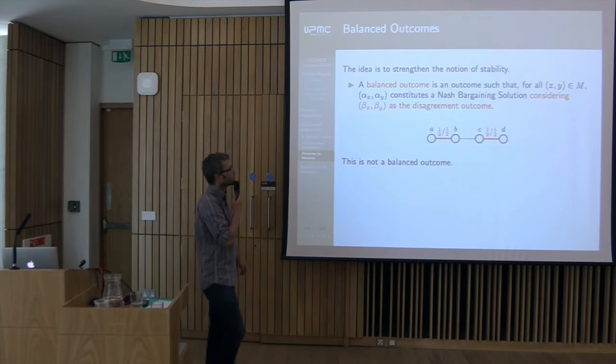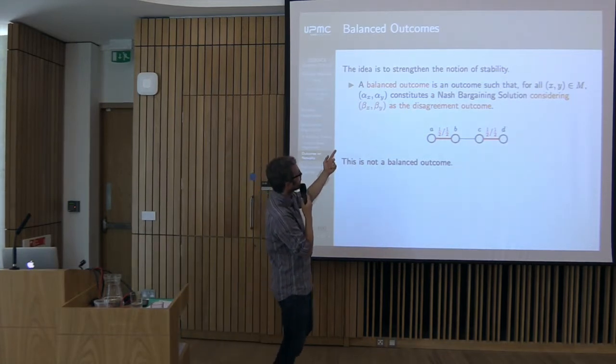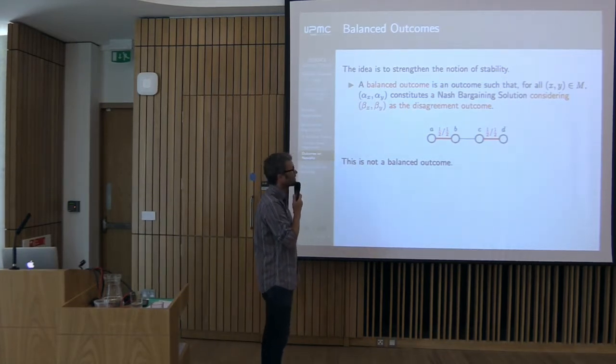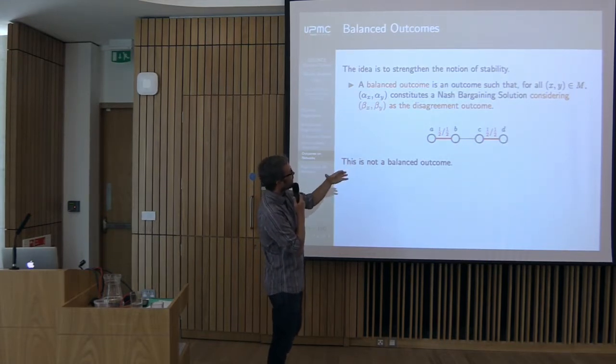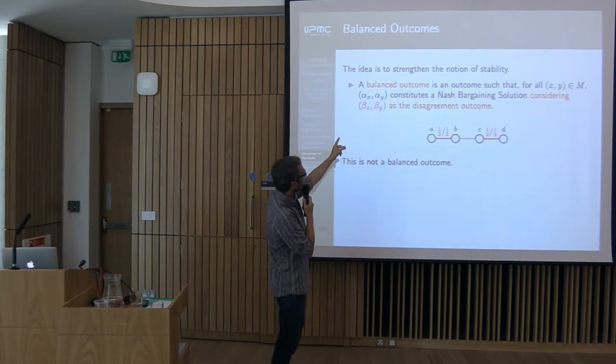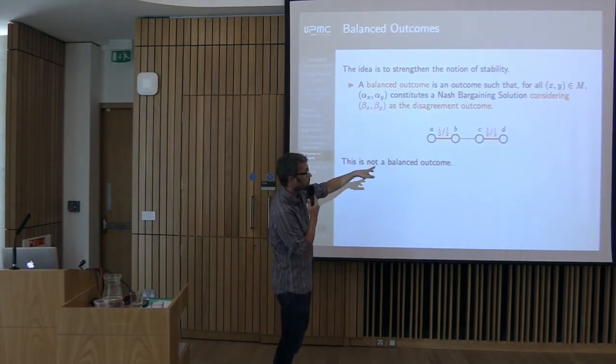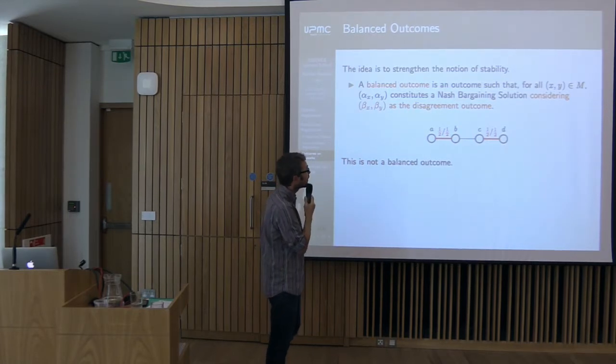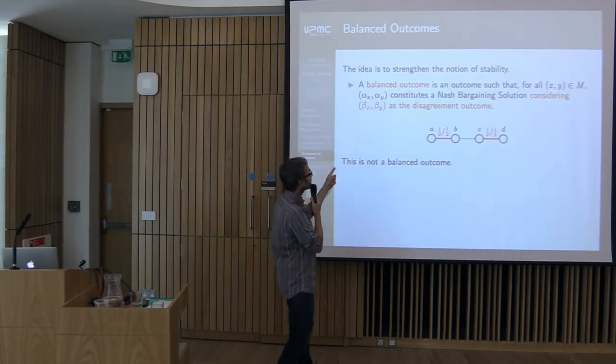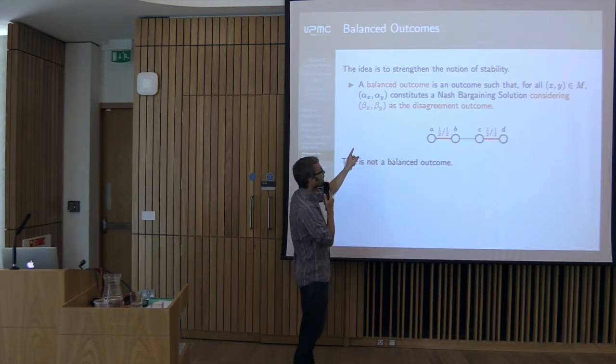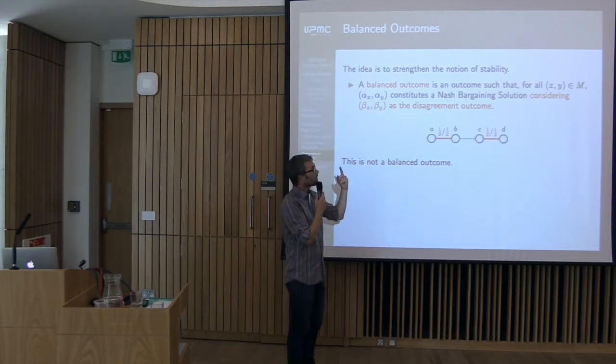So very interestingly, these people introduced the notion of a balanced outcome, which is an outcome such that alpha x and alpha y is the Nash bargaining solution that we saw at the beginning, but considering that beta x and beta y is the conflict point, okay?